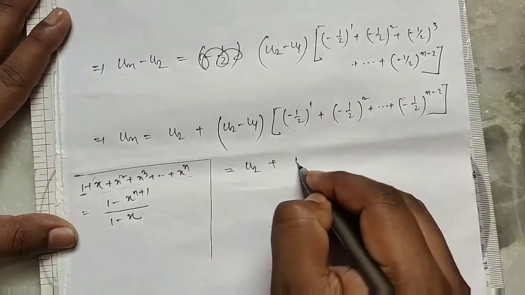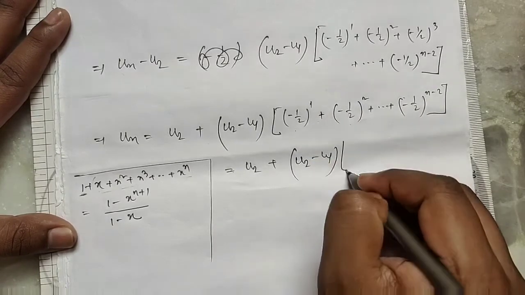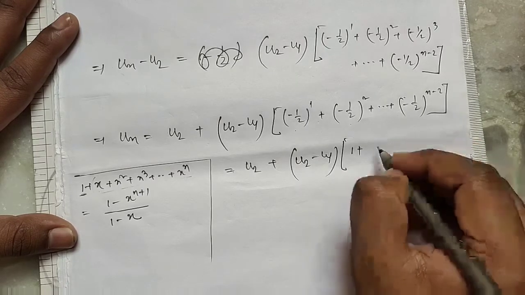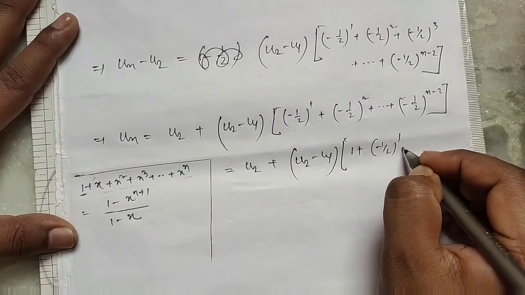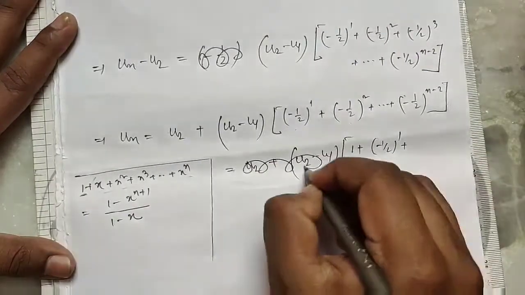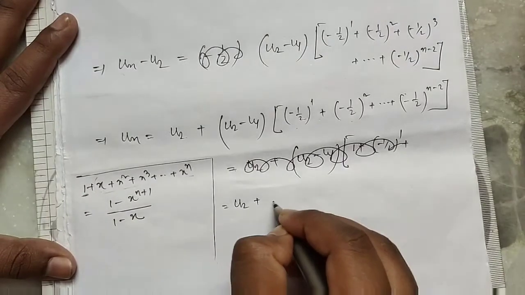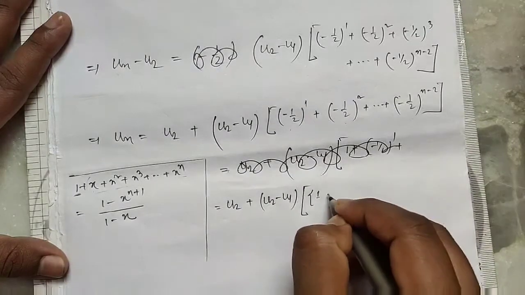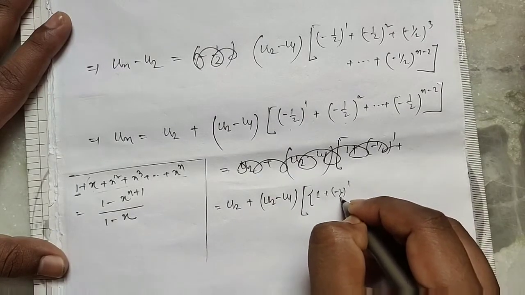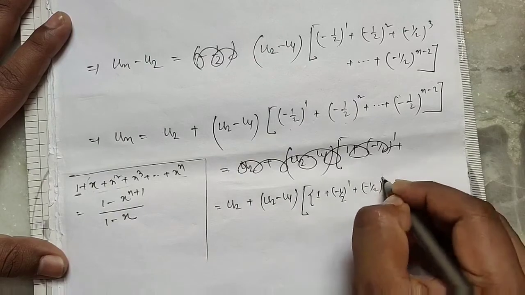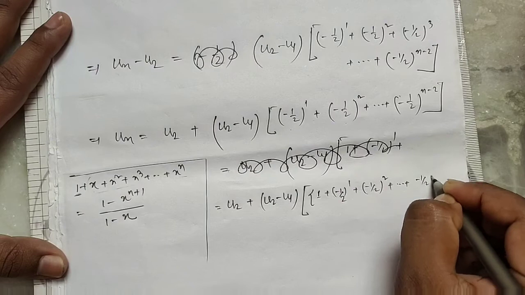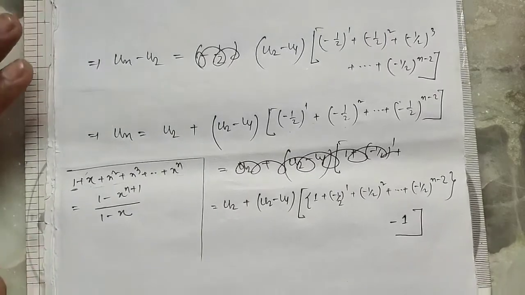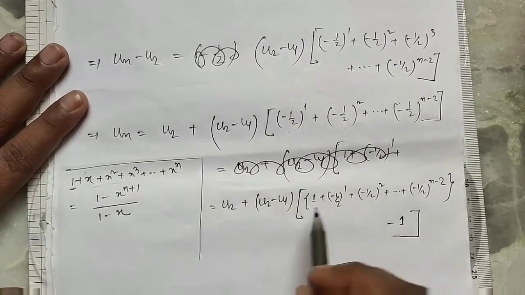So this is equal to u2 plus (u2 minus u1) into [1 plus minus half to the power 1 plus minus half to the power square ... plus minus half to the power n minus 2] minus 1. Okay, we add 1, subtract 1.